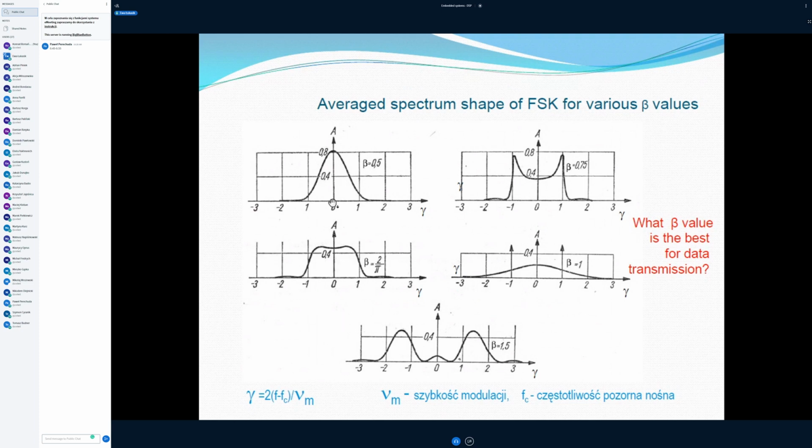So probably the frequency of the signal is somewhere here.